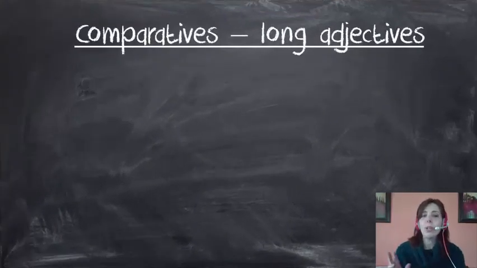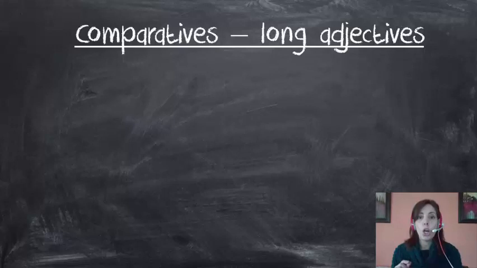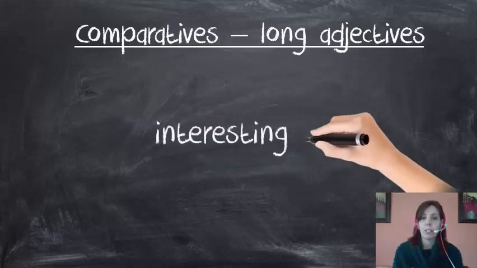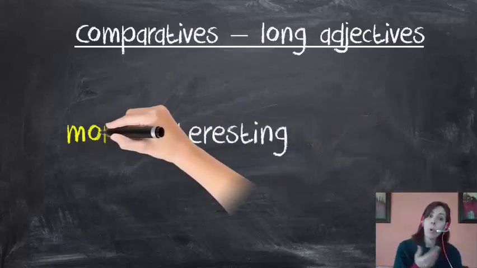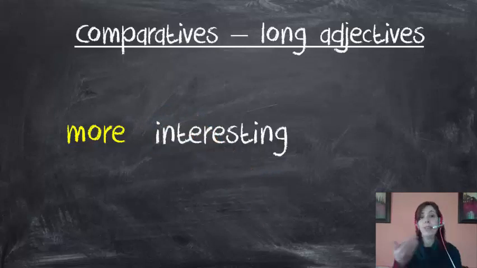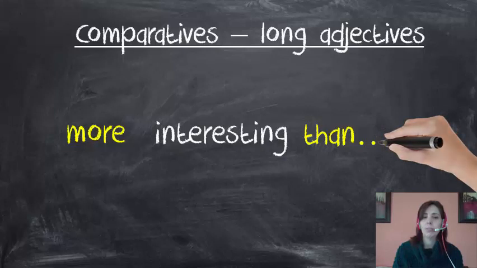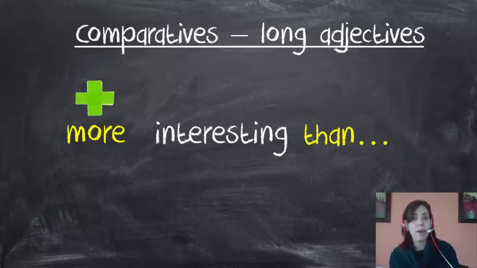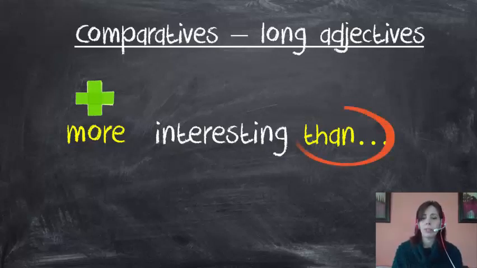So what do we do with comparatives when they are long adjectives? You put more and then than. So you say more interesting than, more intelligent than, etc., etc. Don't forget than.